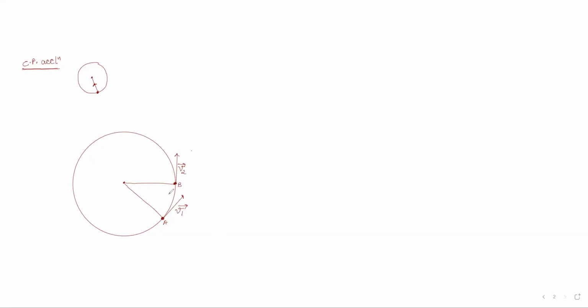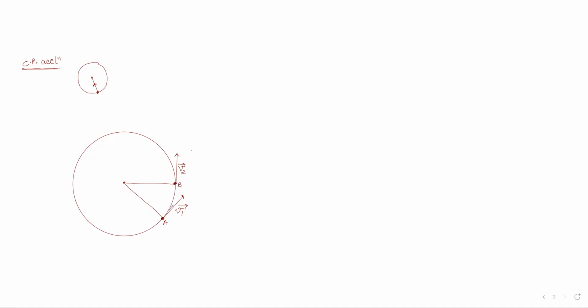Now, let us analyze this situation in vector algebra. For the analysis, we need to consider the 2 points to be very close to each other. That's what we discussed earlier also. So for explanation purposes only, we have drawn the points A and B at a sufficiently large distance.